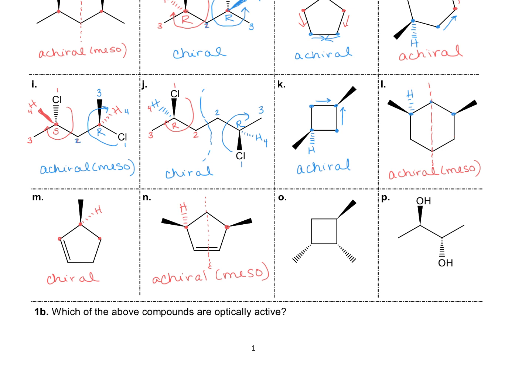Letter O is tricky. You might think there are 3 chiral centers, but let's go through each one. So starting here, we have a CH3, we have an H, we have a CH2, and then we have a CH over here. So we have 4 different groups attached, which means that this is a chiral center. Let's go to the bottom right one.